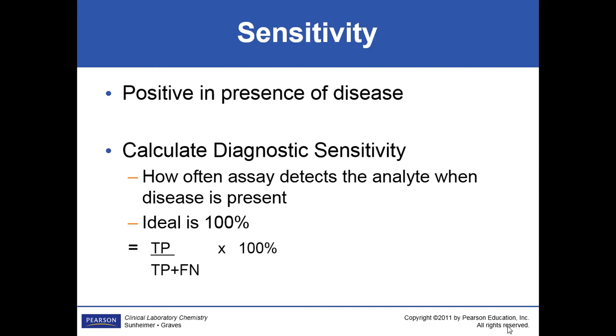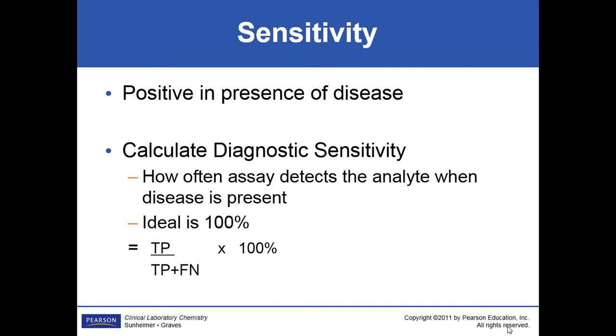So the more sensitive it is, the better likelihood that's going to happen. We'd love to have 100% sensitive. Every person that has the disease, we want it to tell us. It doesn't happen. There's no 100%. But we do math, calculation, statistics to figure this out. And you need to kind of learn these.